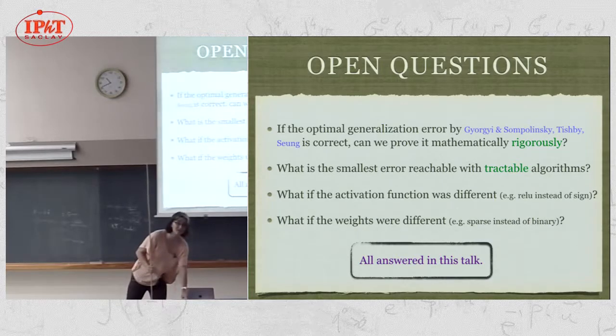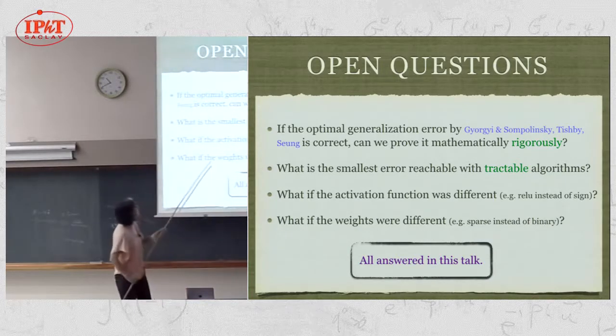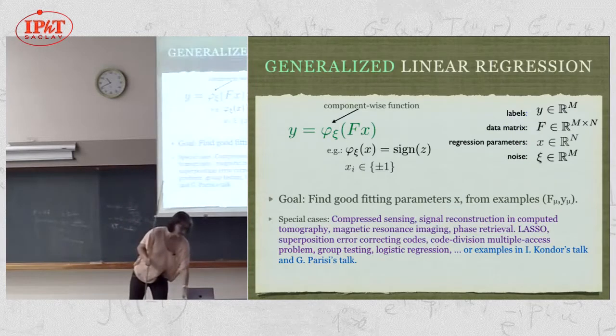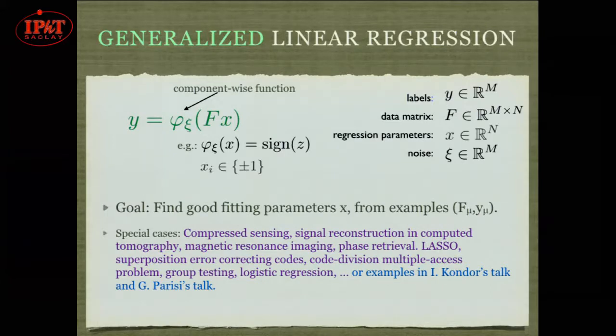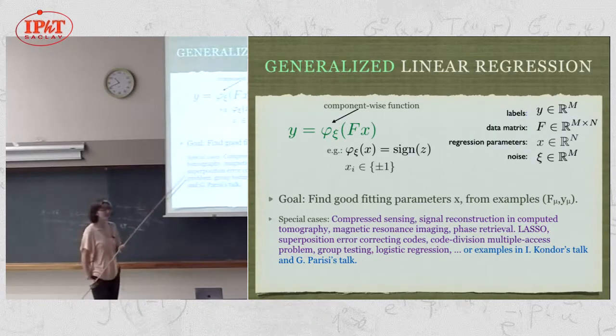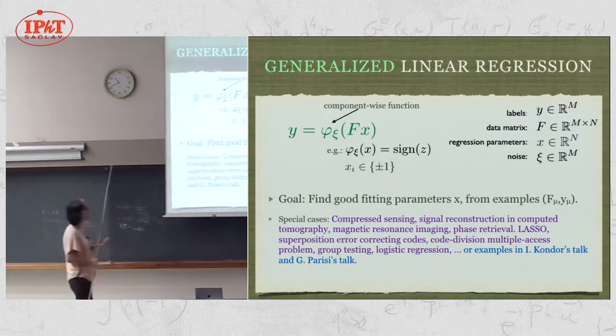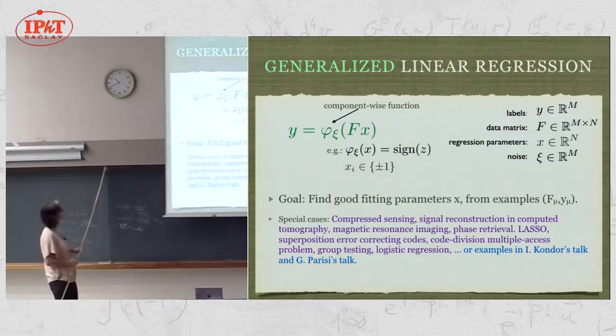Let's start with the last two. How do we handle a different activation function and a different constraint on the vector? Let's generalize this perceptron model and introduce something very similar, called generalized linear regression. Generalized linear regression is an approach or model that is very common in, say, signal processing or statistics.